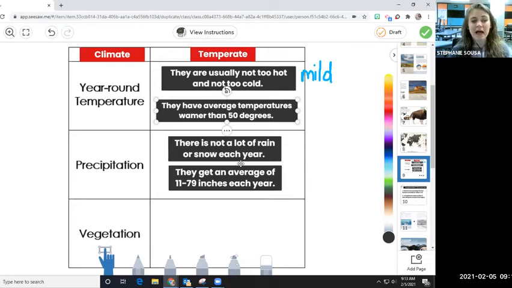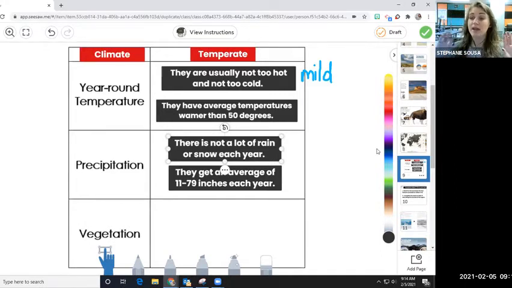Precipitation, there is not a lot of rain and snow each year. Now, some of y'all are saying, have you seen my backyard? There's snow everywhere. And you're right. But we have to remember, polar regions can get up to 4 feet of snow at once. So snow would be like up to my shoulders. So that's a lot.